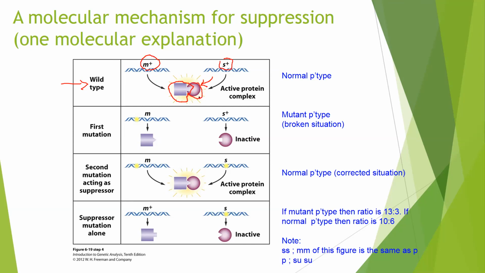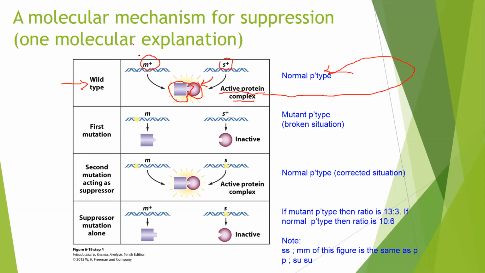The interaction of these two proteins forms an active protein complex, and this can produce the normal phenotype. This is the standard situation.